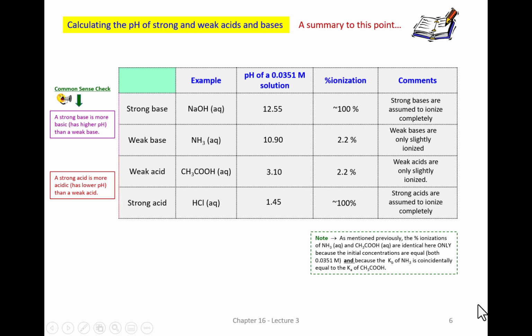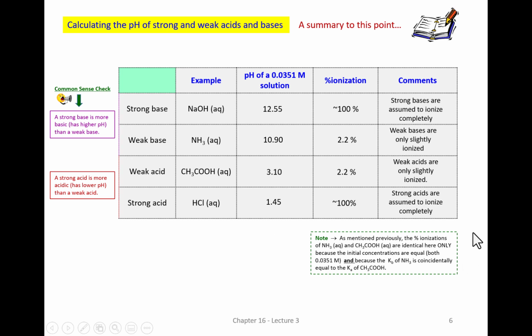Recall from part one of this lecture that we ended up with a table where we compared the pH values and percent ionizations of a strong acid, a weak base, and a strong base.